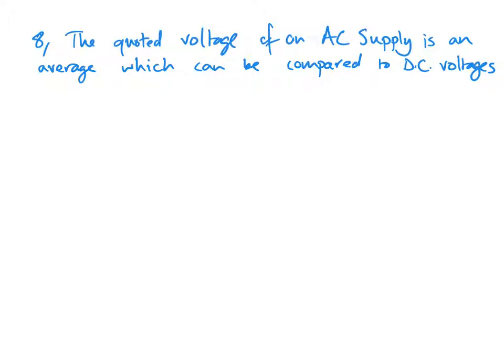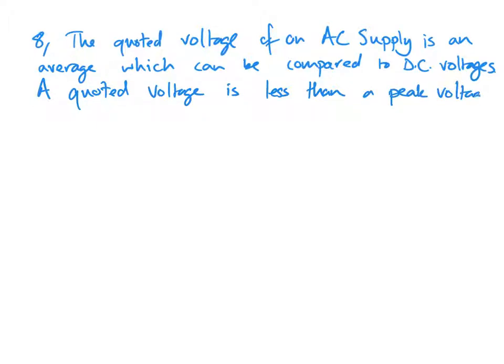I.e., if you've got a 6 volt battery and a 6 volt quoted voltage for an AC supply, they would both make a light bulb equally bright. They would both do the same job. But you need to know that a quoted voltage is less than a peak voltage. Okay, that one makes sense, all right?